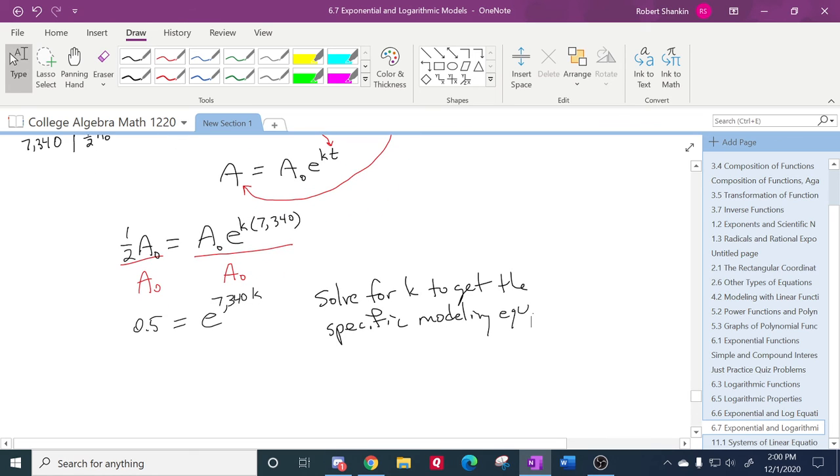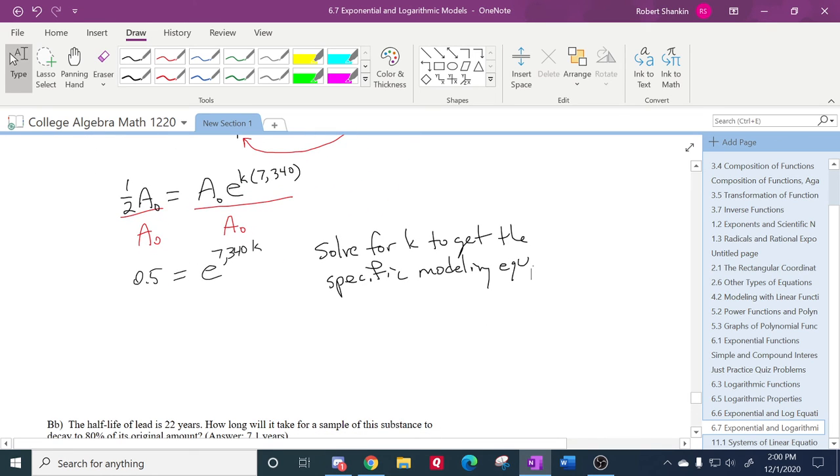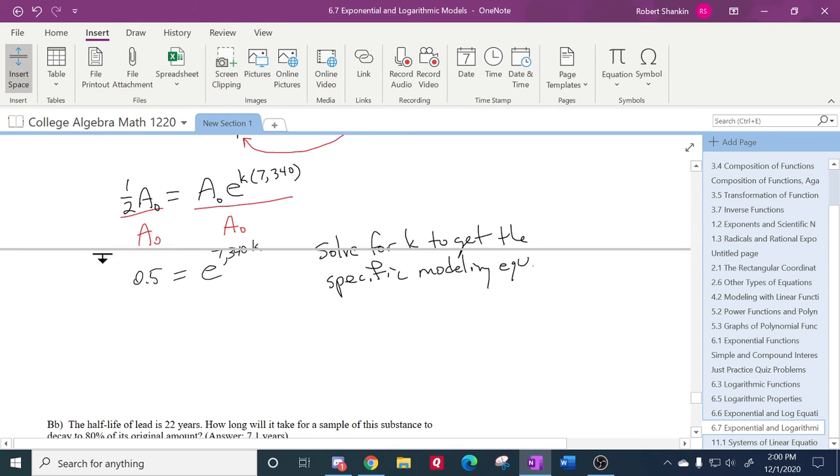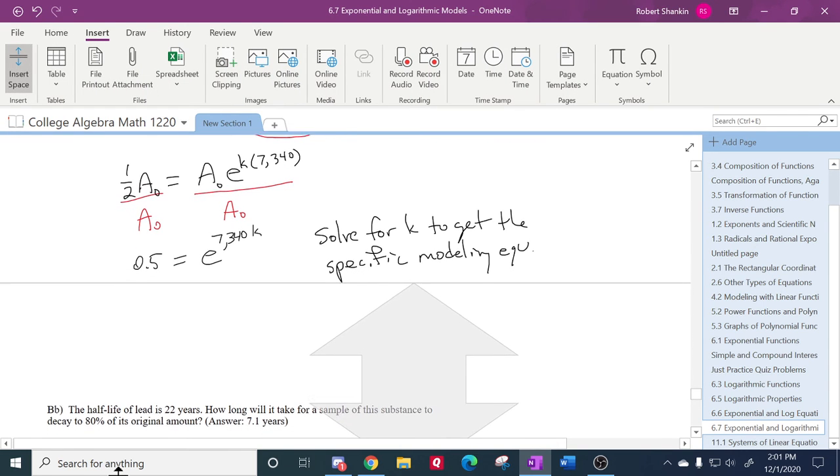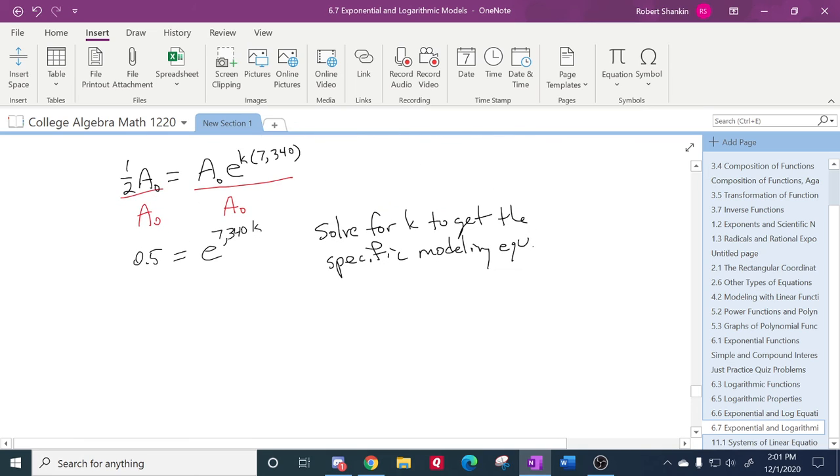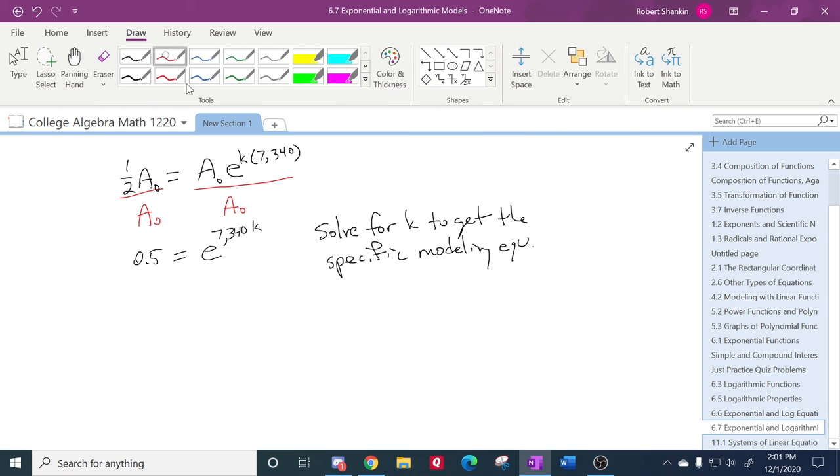Okay, so now I'm going to take the ln of both sides. These will cancel.